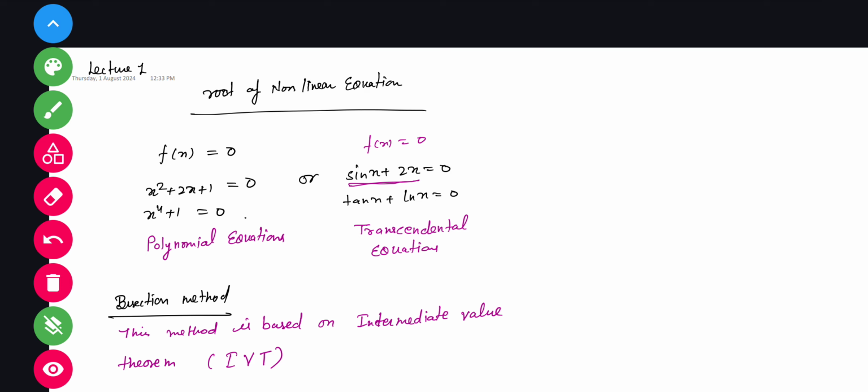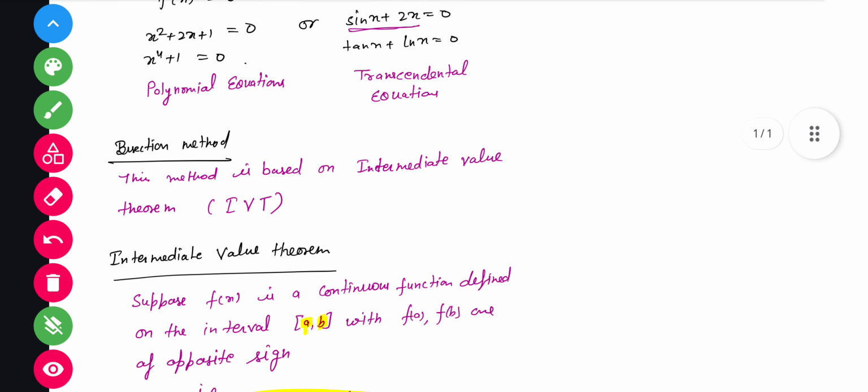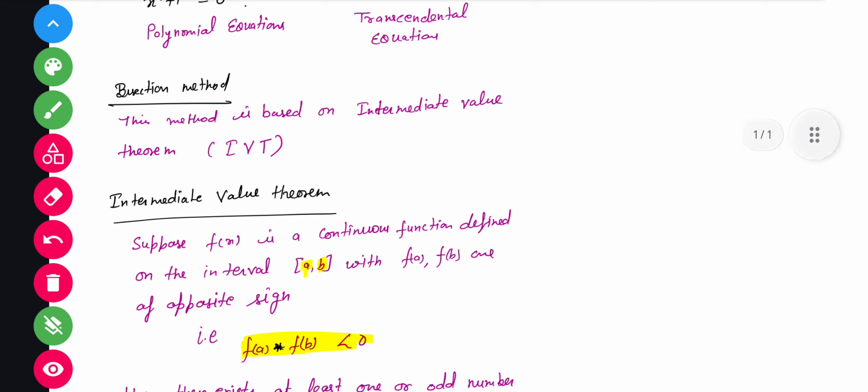We can find the roots of both of these types of equation by using the bisection method technique, but it has a condition, and the condition is f of a times f of b should be less than 0 in any interval. That kind of interval, that kind of 2 points should exist where f of a times f of b should be less than 0. Okay, that is negative.